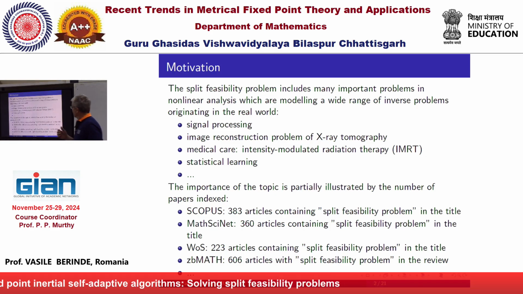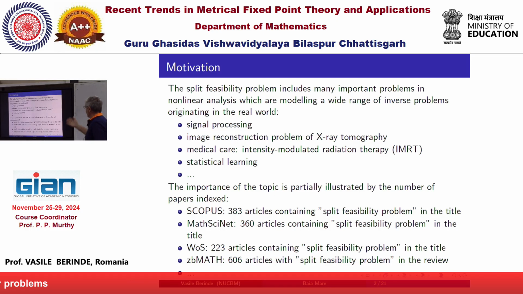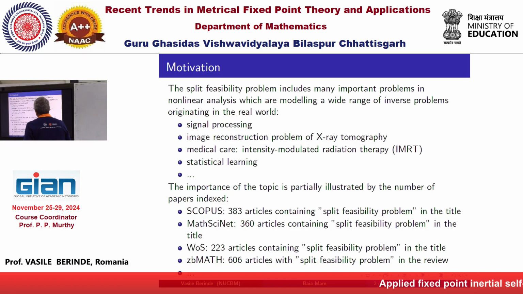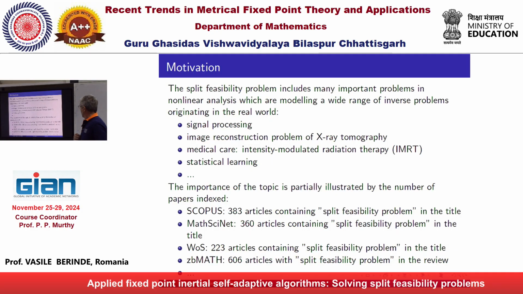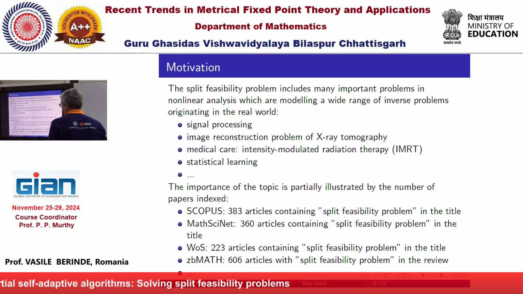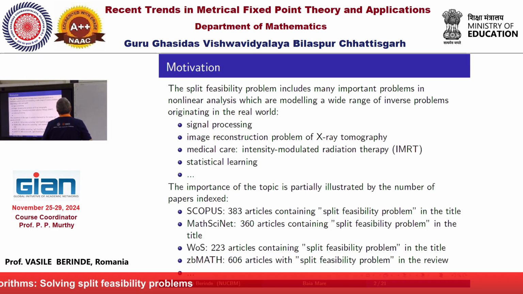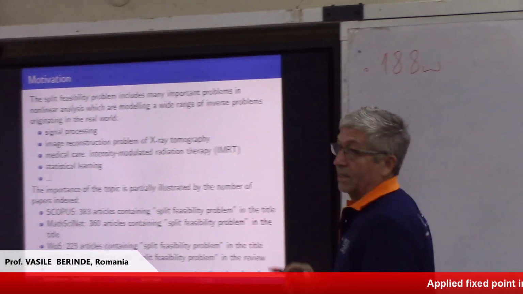In Web of Science, ESCI, there is this number of papers containing the term split feasibility problem in the title, and in Zentralblatt Math, which is the oldest database in mathematics, we have this bigger number of papers reviewed. Just to mention an interesting fact, Zentralblatt was founded in this year in Germany.